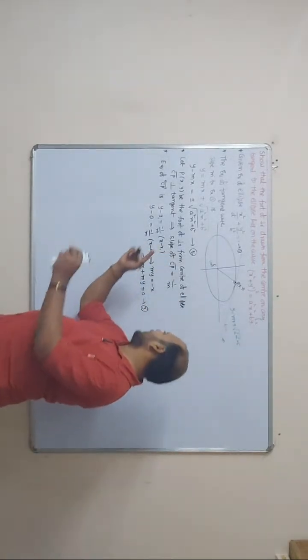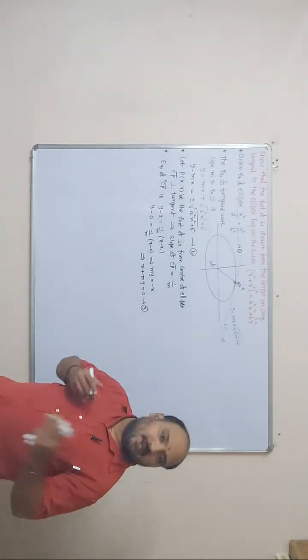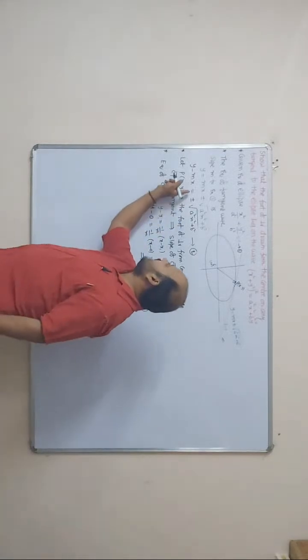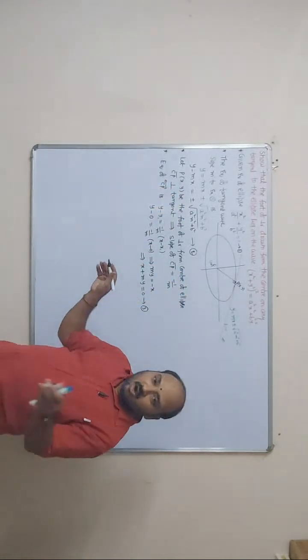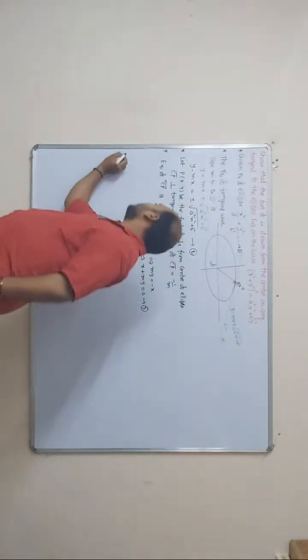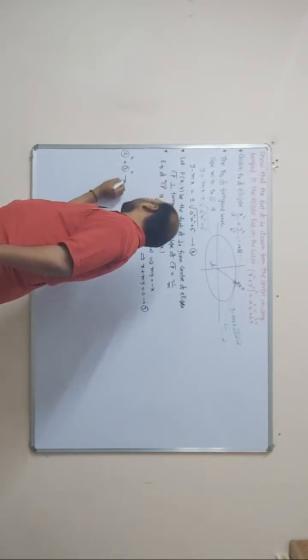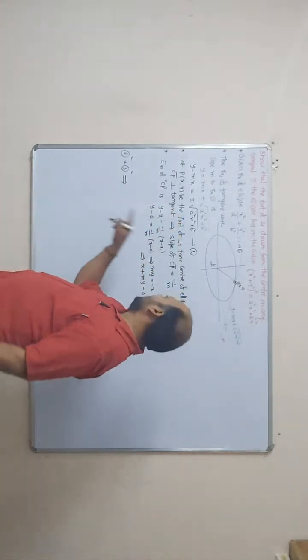From equation 2 and equation 3, I want to eliminate the value of m. For that, I am squaring equation 2 and equation 3, and then adding equation 2 square plus equation 3 square. Why are we doing this? To eliminate the m value.